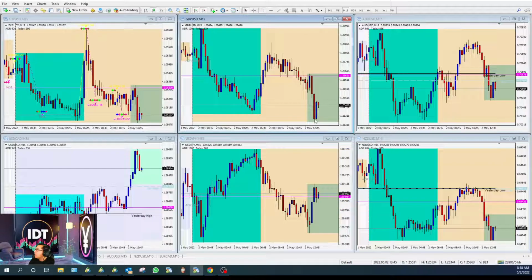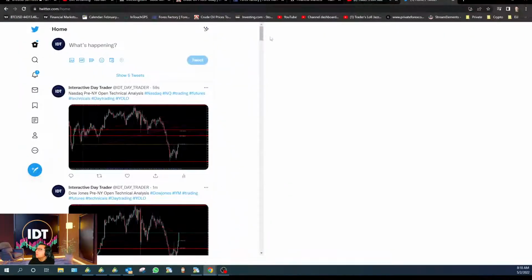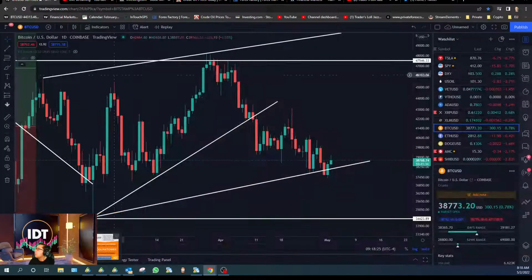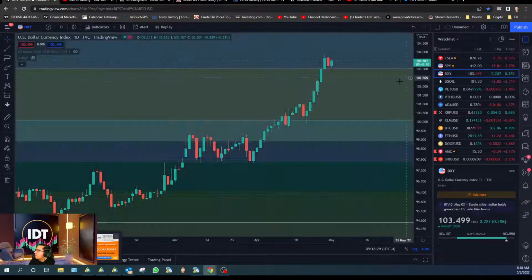British pound sliding. Pretty much there is dollar strength. So let's go take a look at the DXY. These are all things I check, guys, just to get a gauge for the strength of the dollar, the overall sentiment in the market.